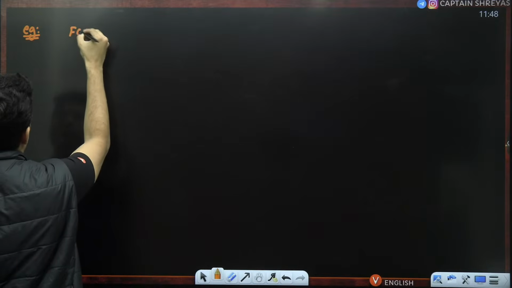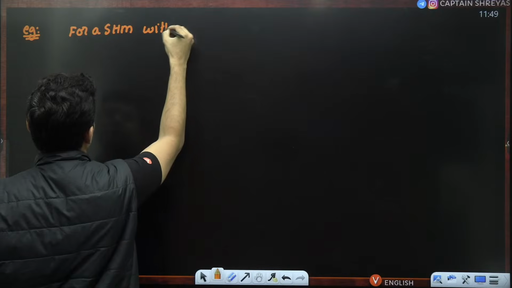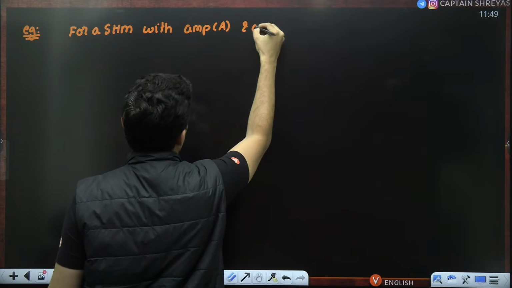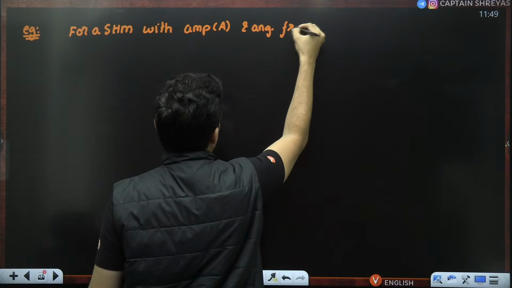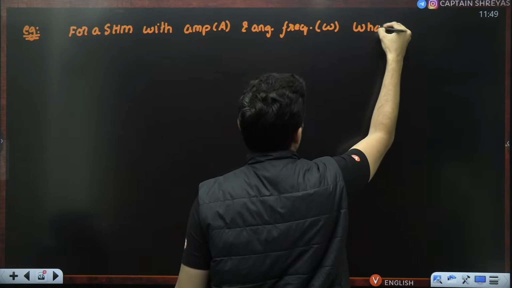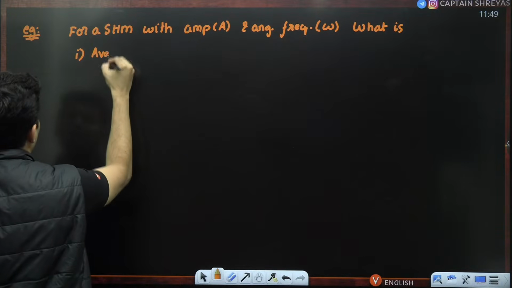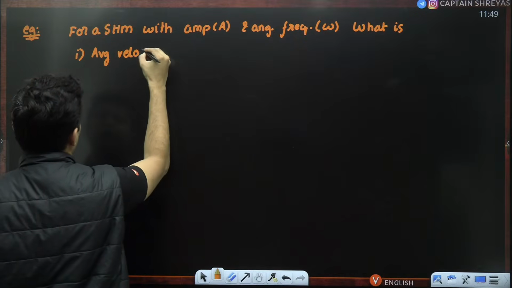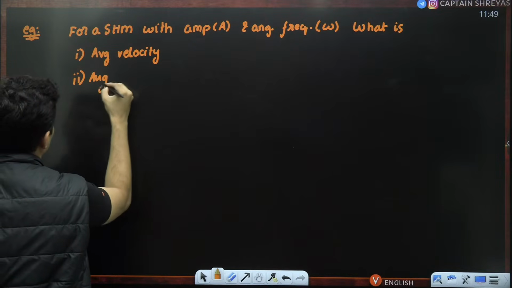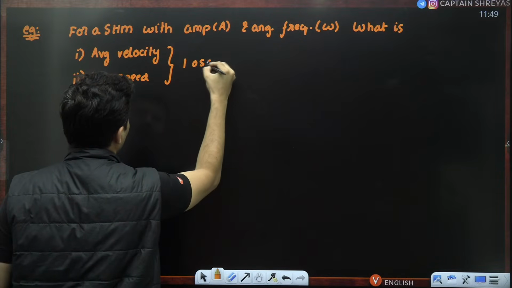So for a SHM with amplitude A and angular frequency omega, what is number 1, average velocity, number 2, average speed for one complete oscillation?